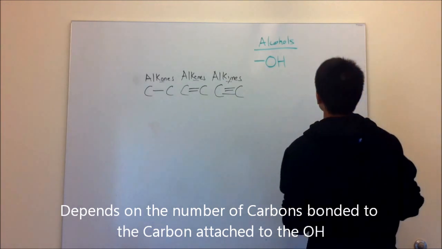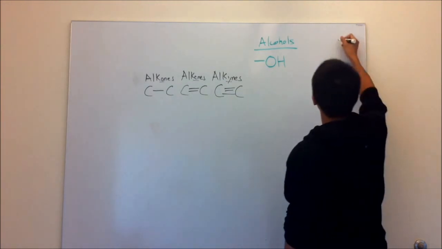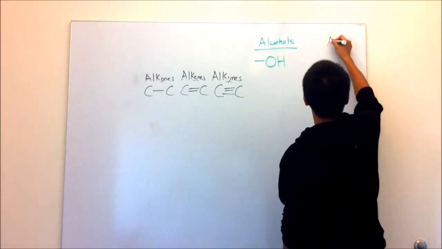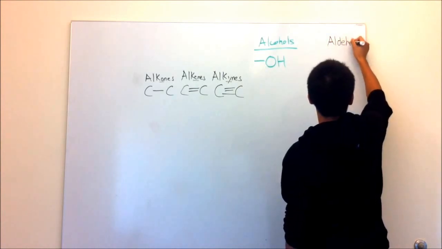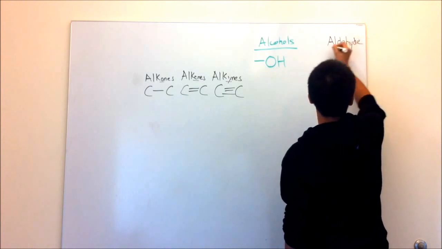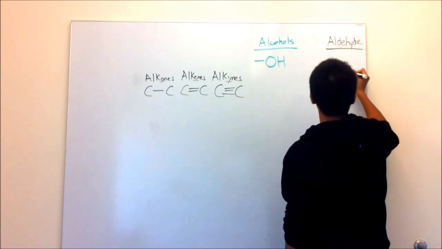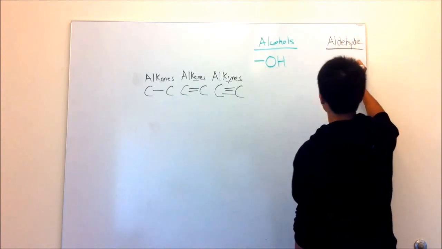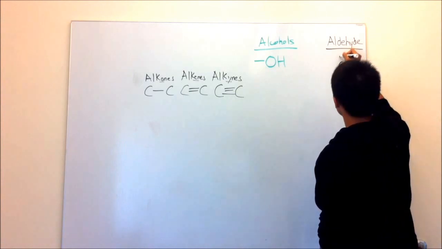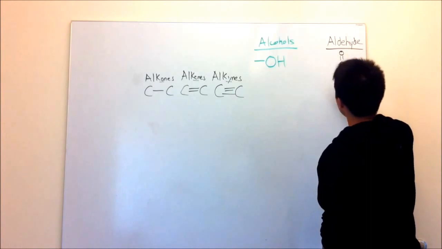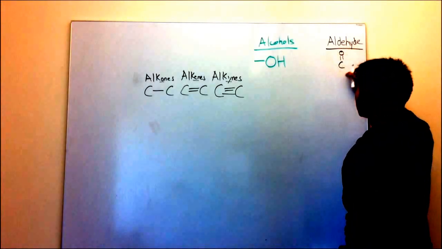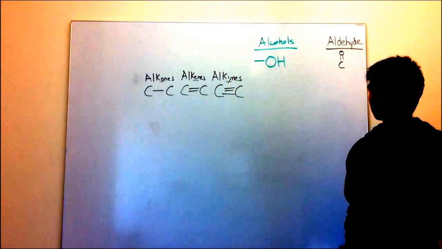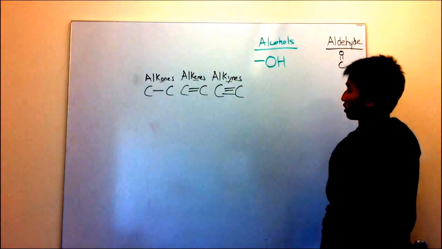Okay, and next is the aldehyde. The aldehyde functional group is basically just a carbon with an oxygen up here that it's double bonded to. For future reference, this is called a carbonyl, and it will come into your lessons in Orgo 2, so it's a good thing to remember.